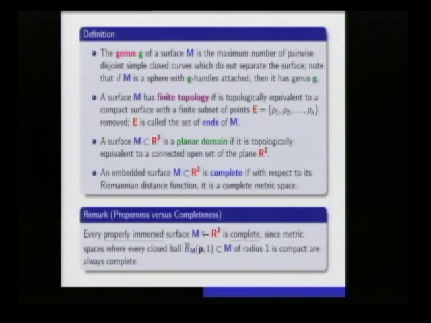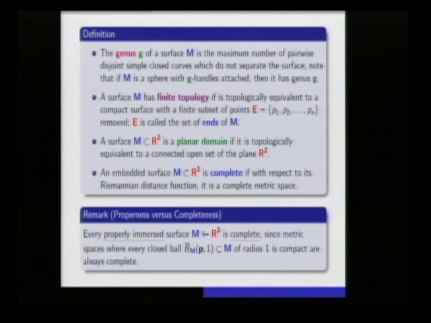Why is it always complete? The reason for that comes back to a property. So what does it mean to be proper? It means if you took a compact set here, the pre-image is compact. Popular compact sets here would be closed balls centered at the origin. So imagine pulling back the closed ball of radius 1 at the origin. That's a compact subset of this surface.